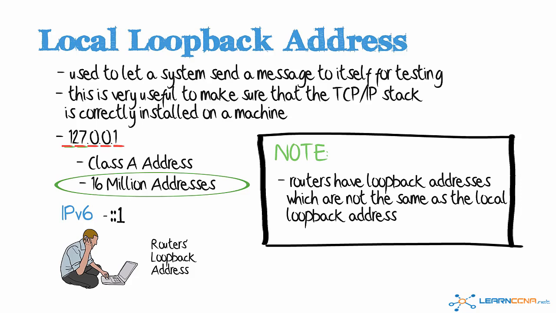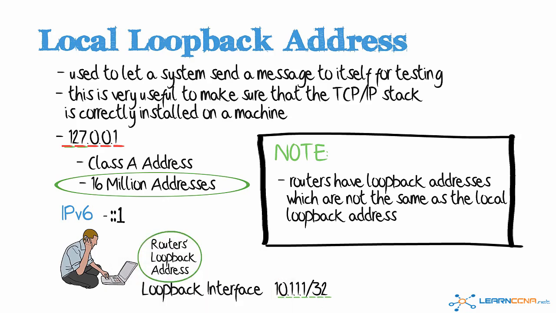So a router or switch may have a loopback interface, such as interface loopback 0, configured with an IP address of 10.1.1.1/32. So in other words, we have a Class A address, 10.1.1.1, with a /32 mask configured on a loopback interface.